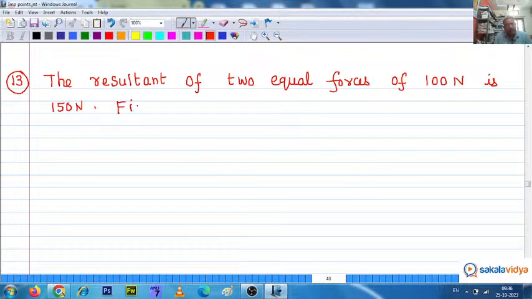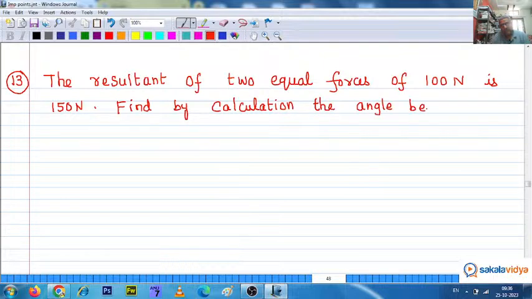Find by calculation the angle between the directions of the two forces.